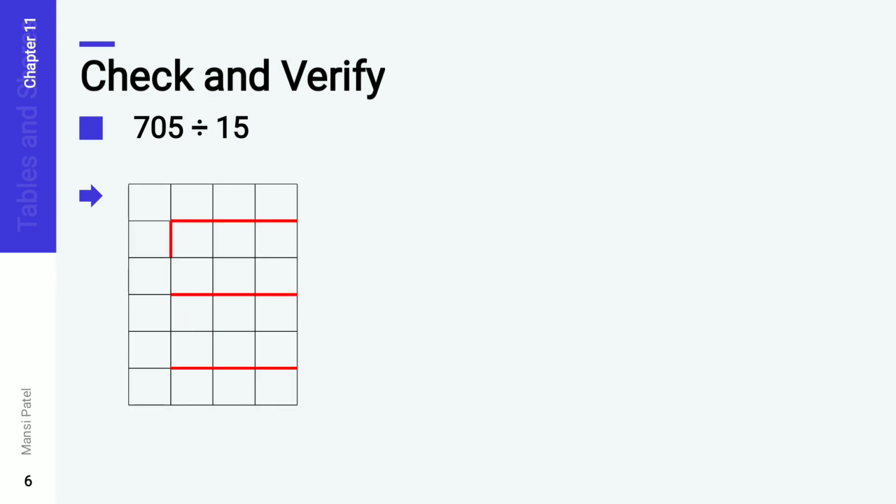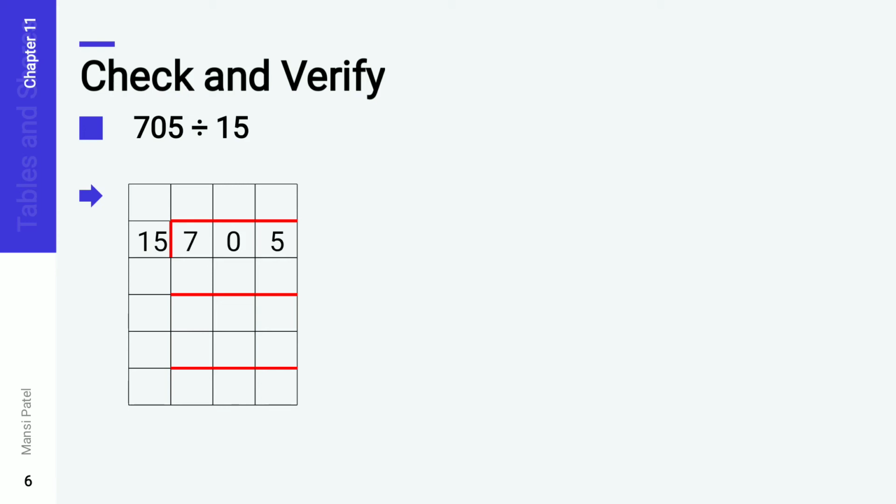Now let us see another example for checking and verifying. In this you have to do the division of 705 divided by 15. So now here 705 is your dividend. So just write down 705 divided by 15. Now as per the rule of the division, see the first digit, that is 7, which is smaller than 15.